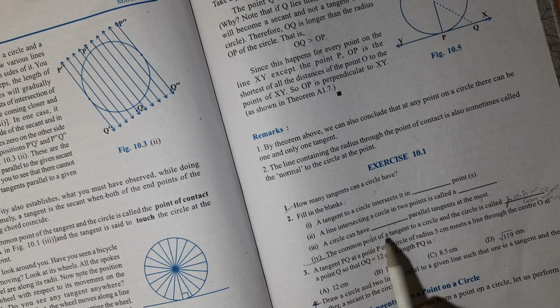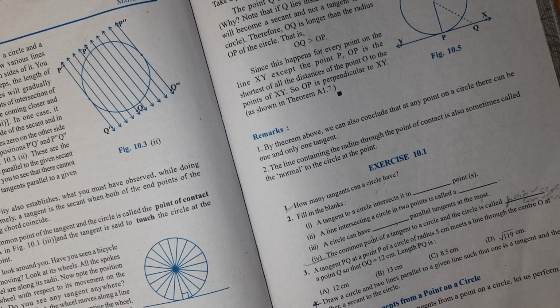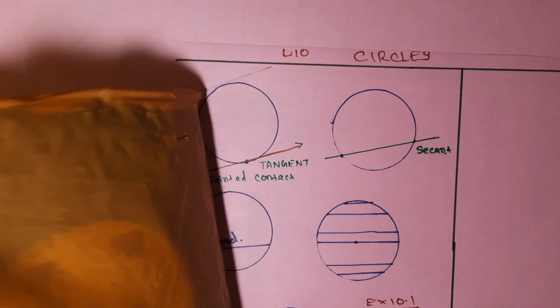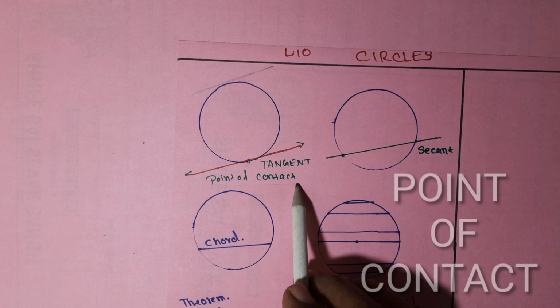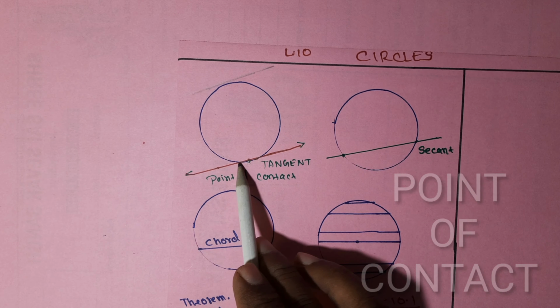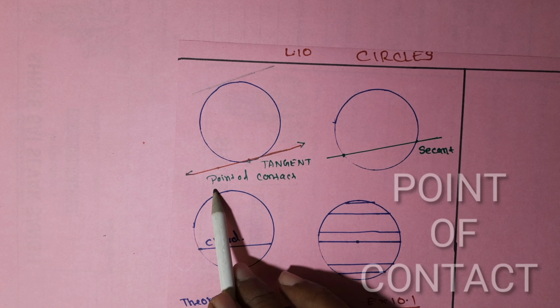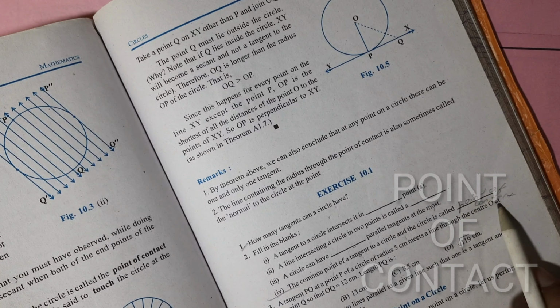The common point of a tangent to a circle and the circle is called what? What is this point called? Point of contact. The point at which a tangent just touches the circle is called the point of contact.